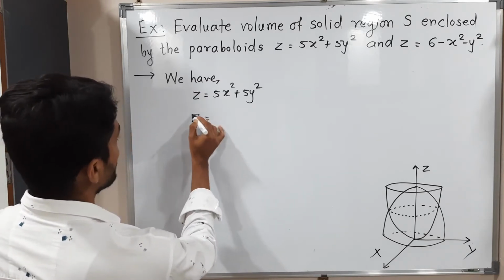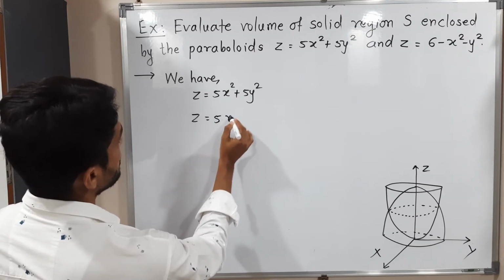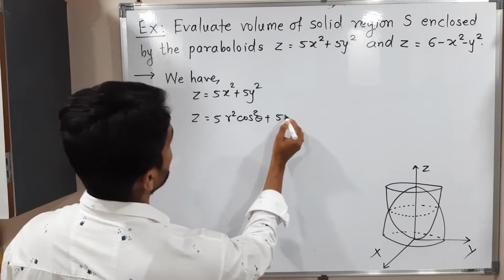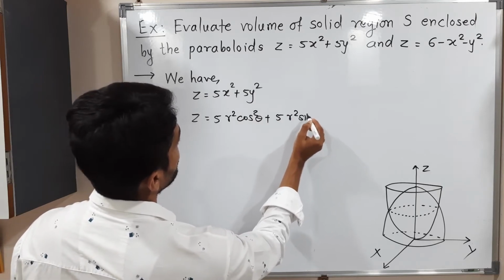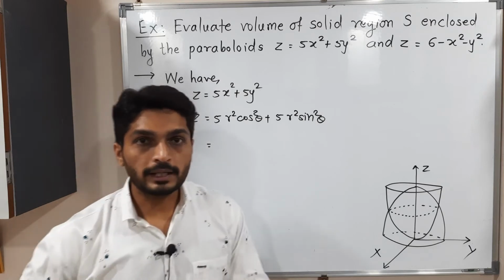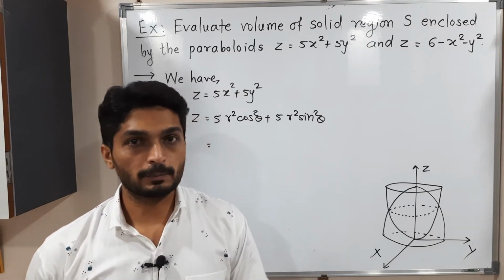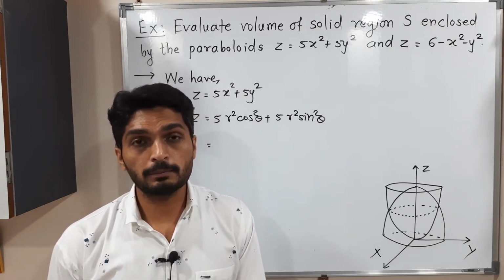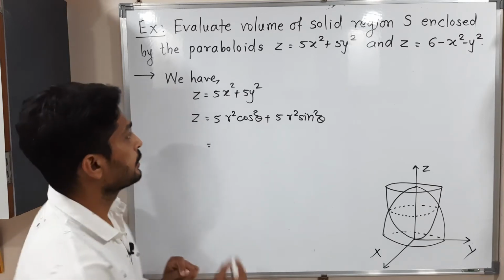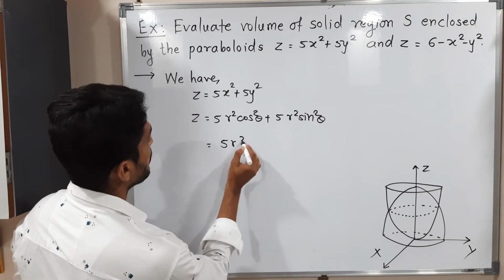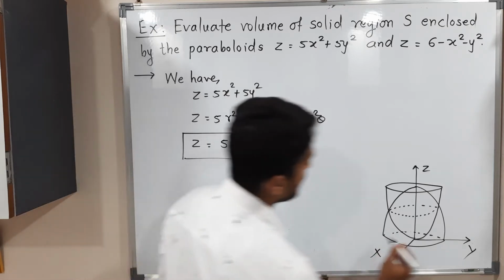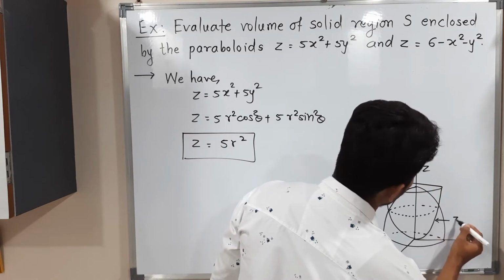We write z as it is. x square means r square cos square theta, y square means r square sin square theta. We can take 5r square common, and in bracket we have cos square theta plus sin square theta, which is 1. So this is the equation of one paraboloid: z is equal to 5r square.